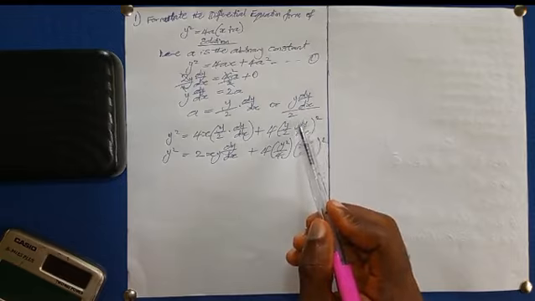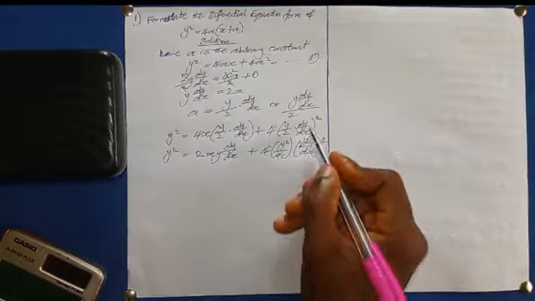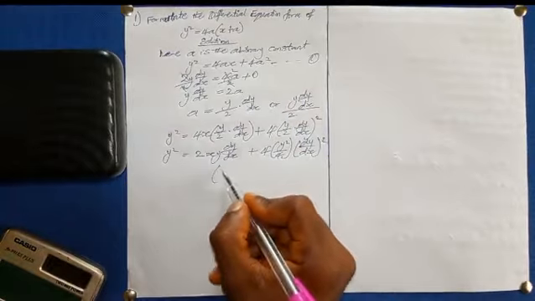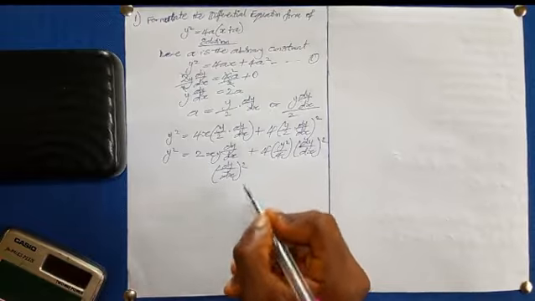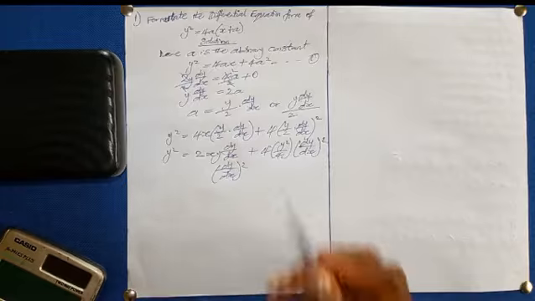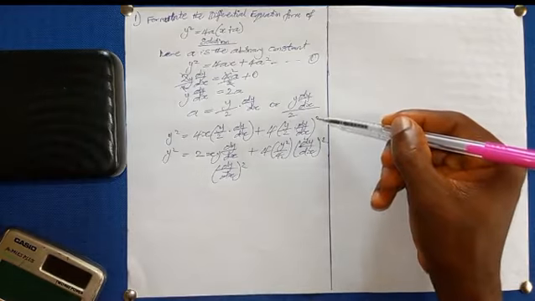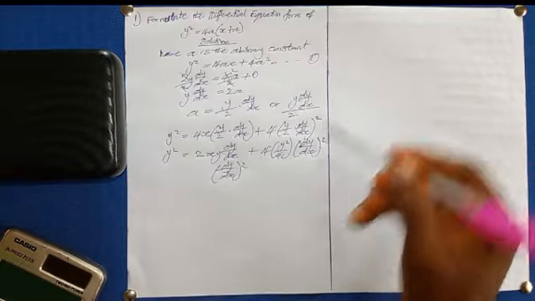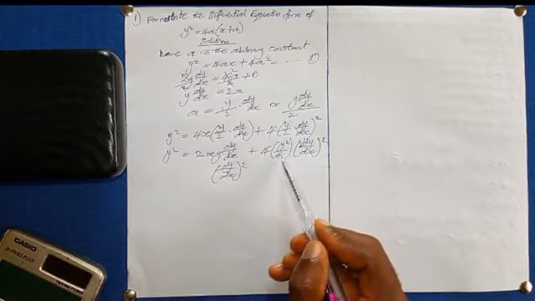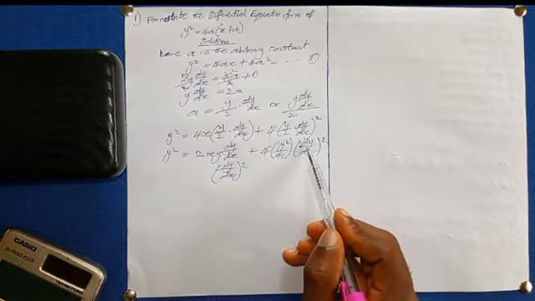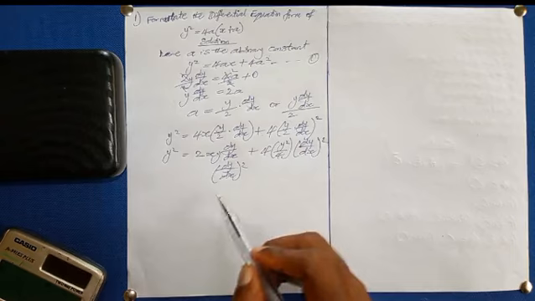Then doing this one also, dy over dx squared. There's no need of long solving, they just bring it down here. Note, this one is different from this one. y squared over 4 is different from dy over dx. Then put them in bracket squared. It's a very different thing.